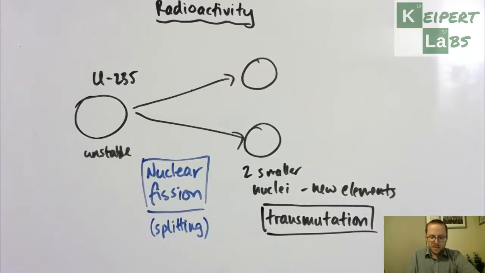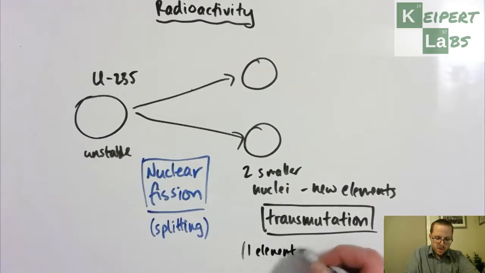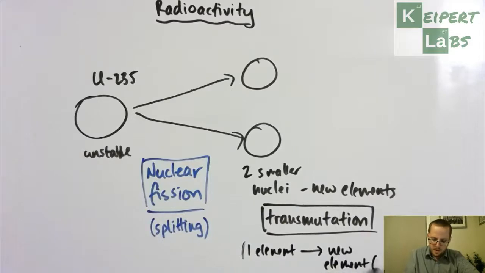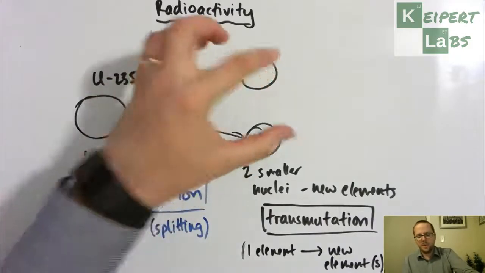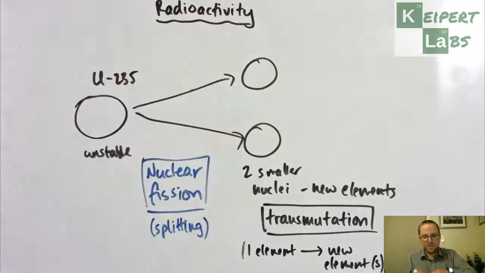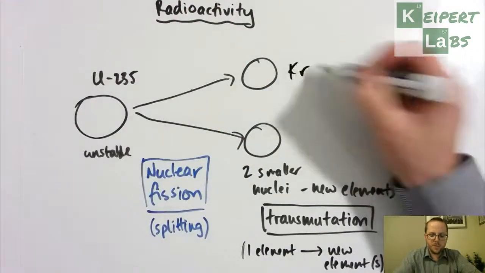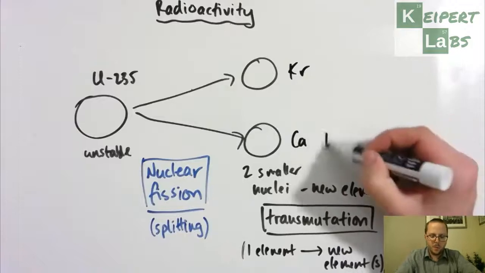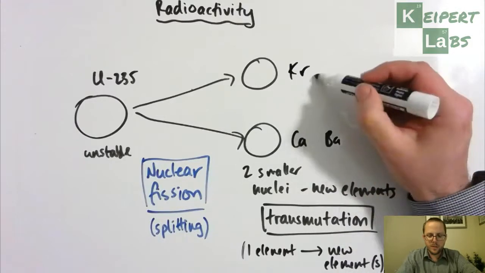So we have turned from uranium and ended up with some different elements here. Maybe we might have krypton, we might have calcium, we might have barium, or something else.